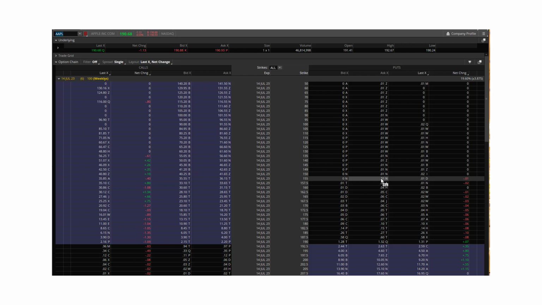Now, a lot of people who invest with options don't actually intend to exercise the option. Especially with active traders, there's a lot of traders who just buy and sell the option without ever having any intention of exercising the option or owning the underlying stock.